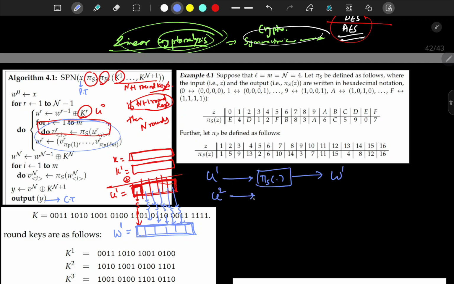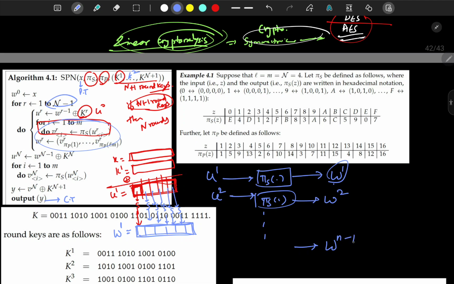Now u2, what is u2? u2 is again taken with help from the previous one. u2 is w1, I mean w dash, XOR with k2. k2 is our round key, and w dash means the previous one. So from this we form u2 and again apply phi s. At the end of the day we produce wn, going up to n minus 1.